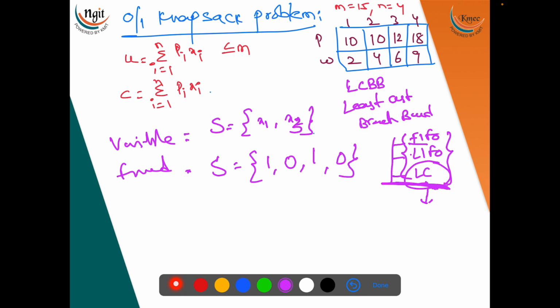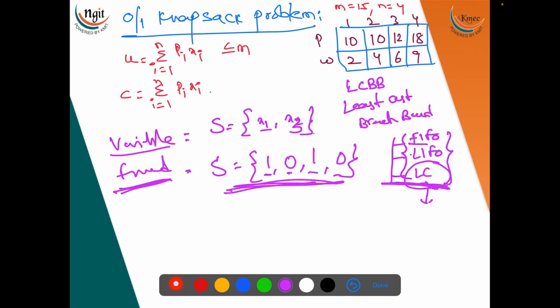So whichever object is placed in the bag, for that object we place a 1. You can use variable size or fixed size. I'm going to take the fixed size solution.